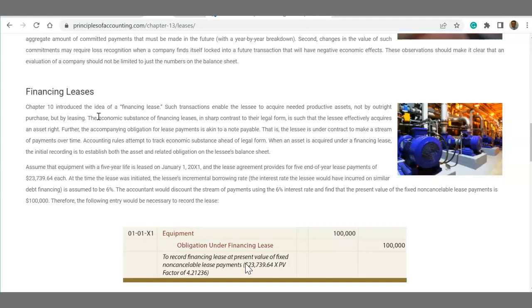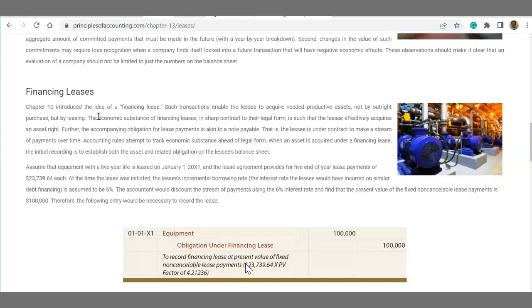After the rules of lease accounting changed and GAAP switched to the IFRS method of evaluating leases, international financial reporting standards, it's more now based on professional judgment instead of giving a specific number.